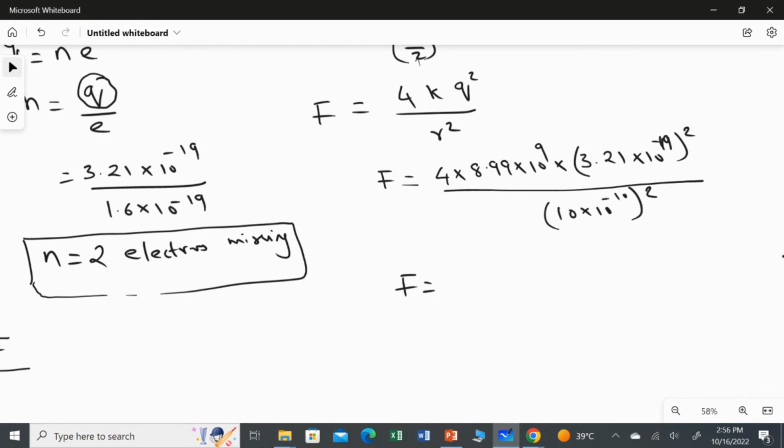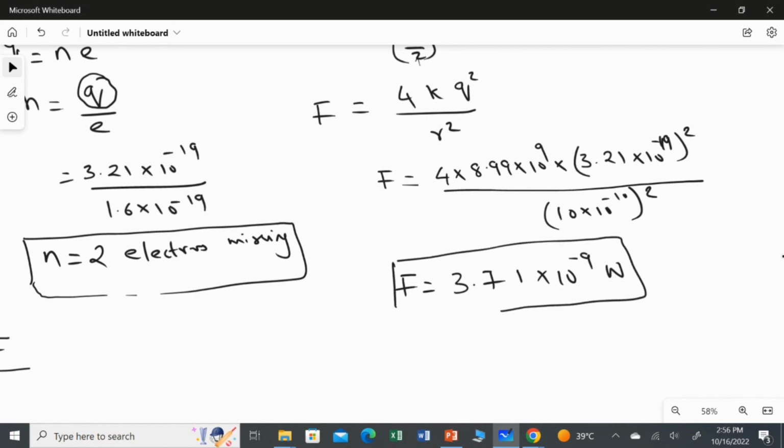I got the value as 3.71 multiplied by 10 to the power of minus 9 Newton. Clear? So this is the answer for the third part. This is Newton. Clear?